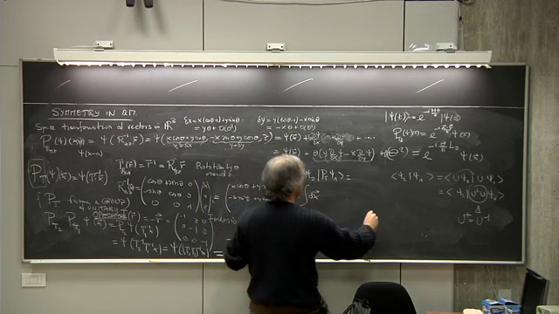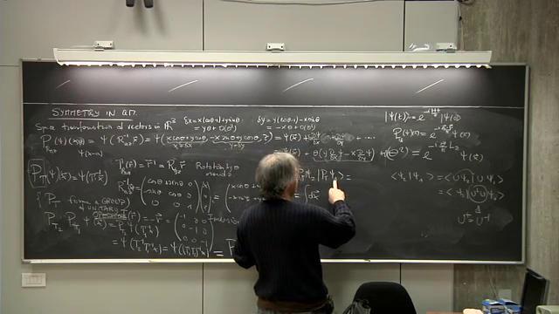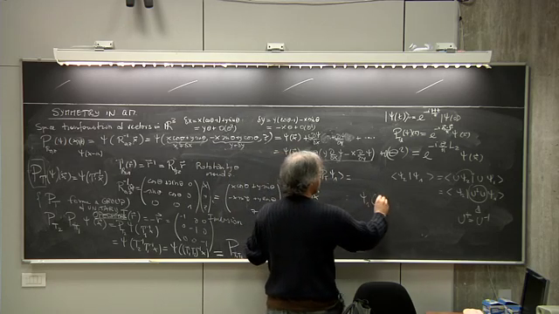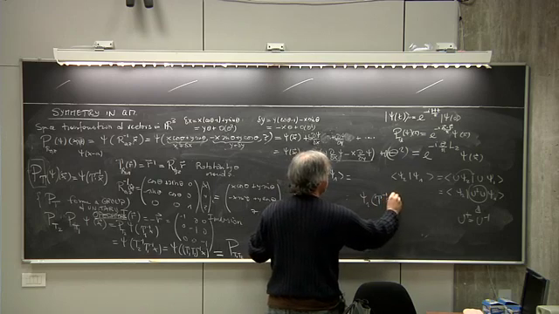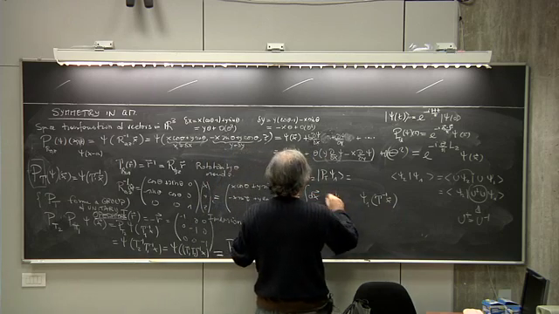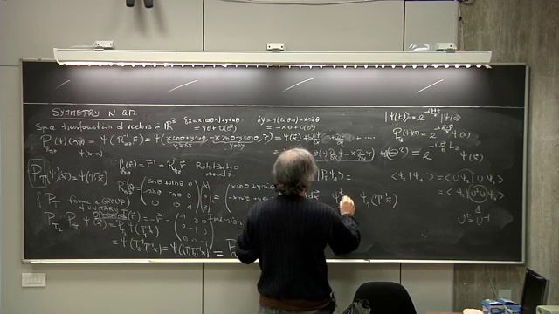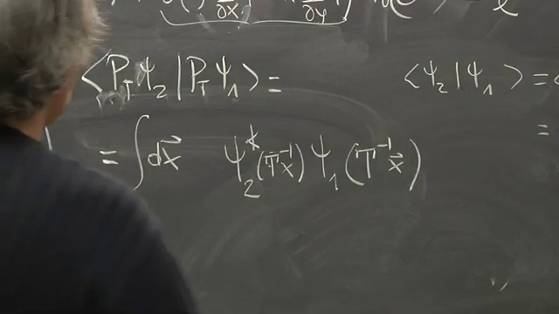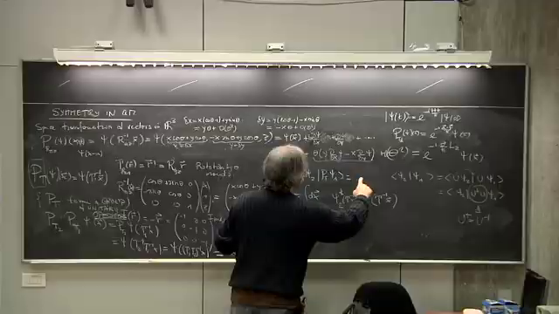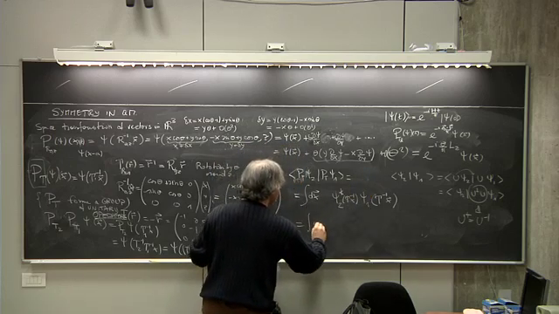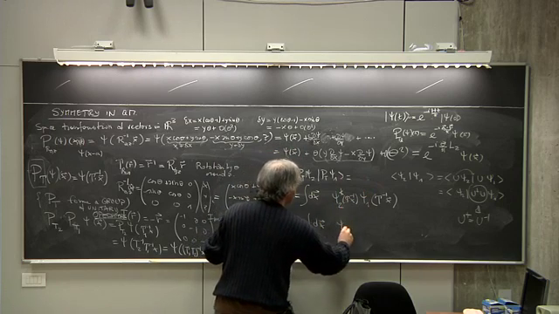And then I have a function here that is P of T psi1, which means psi1 calculated at point T to the minus 1 x. And here I have psi2 star calculated at point T to the minus 1 x. Now, on the contrary, psi2 psi1, which is what I want to prove these are equal to, would be almost the same integral, but without the T to the minus 1 there.